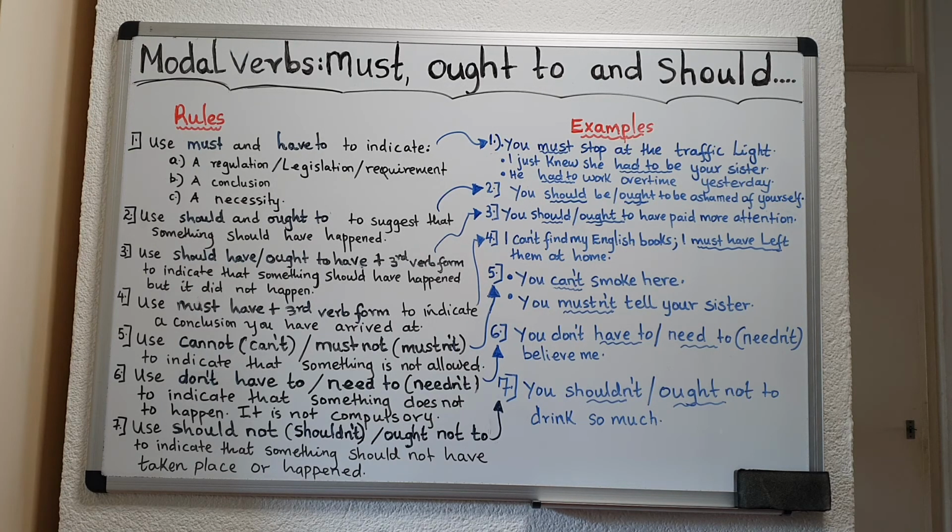It is not compulsory. You want to let someone know that, hey, you can choose to do it or not. You don't have to do it. It's not a must for you to do it. Then use don't have to or needn't.